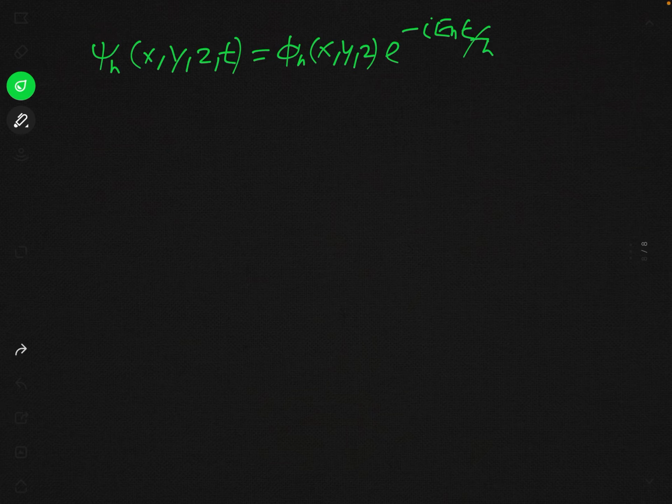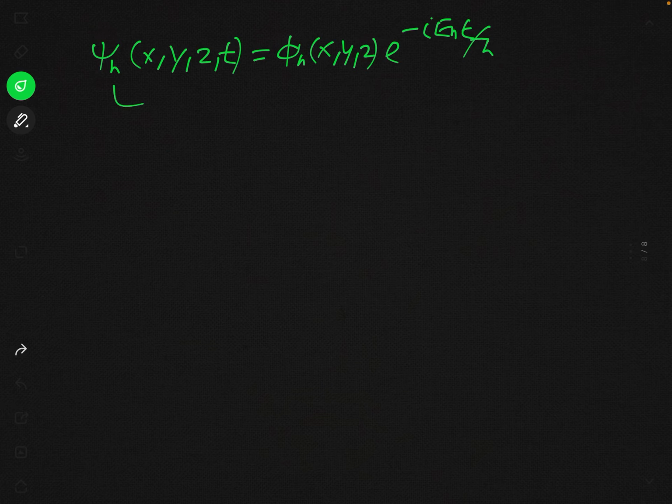So this is the solution which is known as the stationary state solution, since in this condition the probability density becomes independent of time.